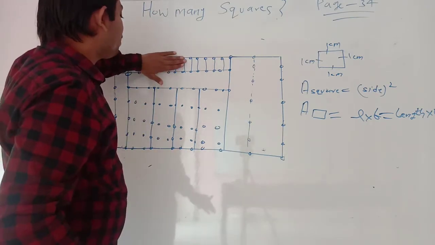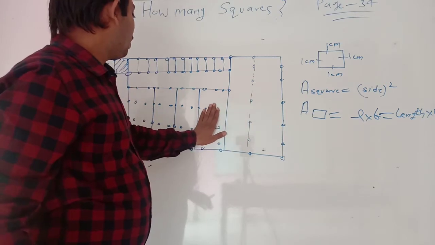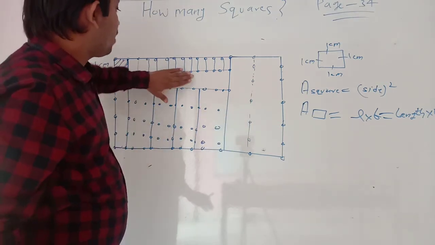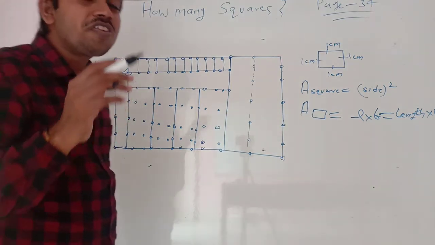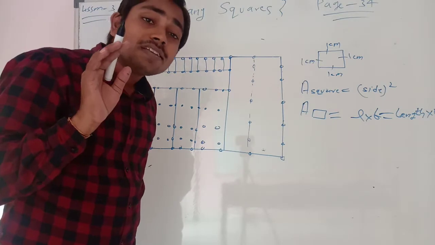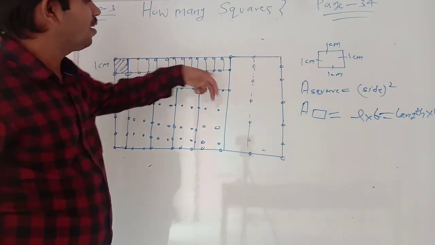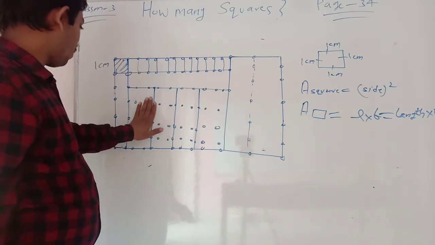So this is the first rectangle, second rectangle, third rectangle, fourth, fifth, sixth, and this seventh rectangle, my dear student. So how many rectangles cover 12 squares? 7. 1 rectangle, 2, 3, 4, 5, 6, 7.